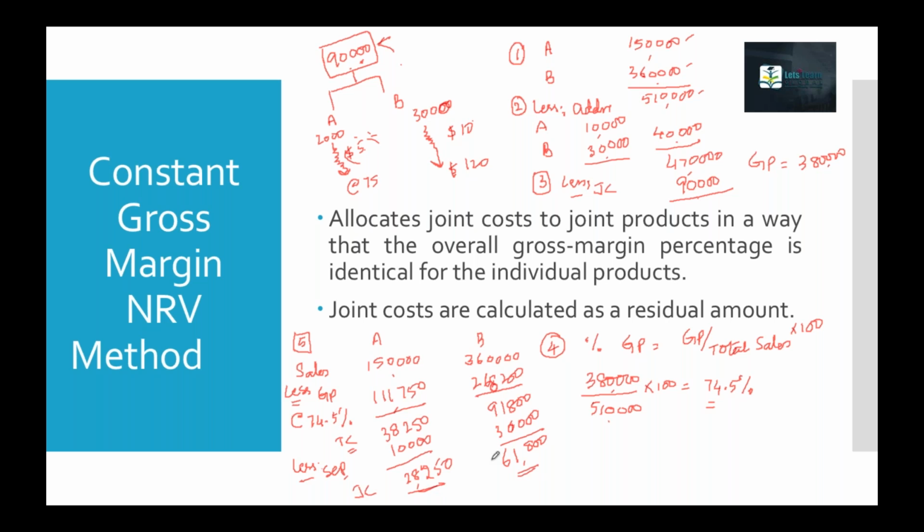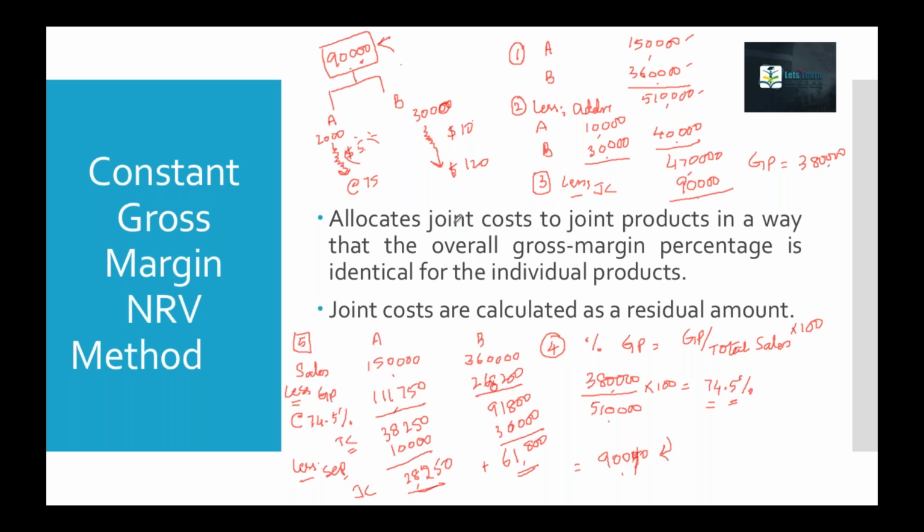Even if you cross verify by taking this, approximately you will get 90,000. 28,250 plus 61,800 is 90,050. This 50 is towards some fractions here. I took round figures. Okay, so it is 90,000.